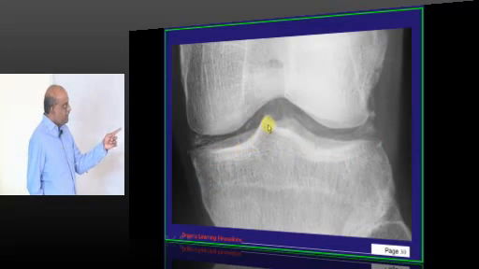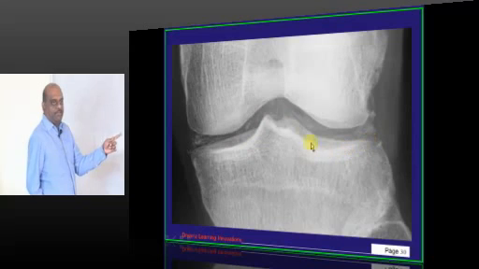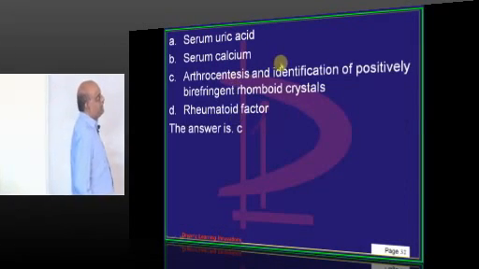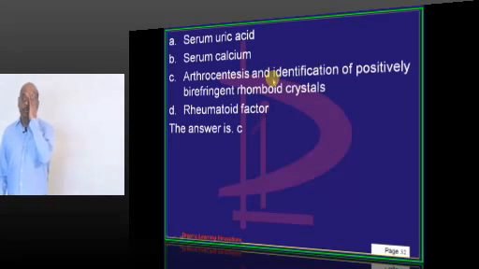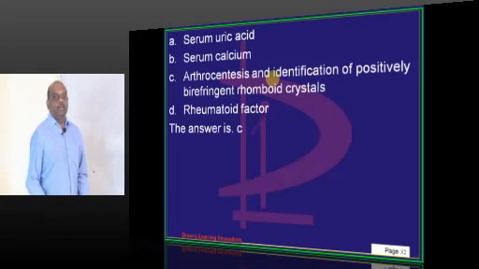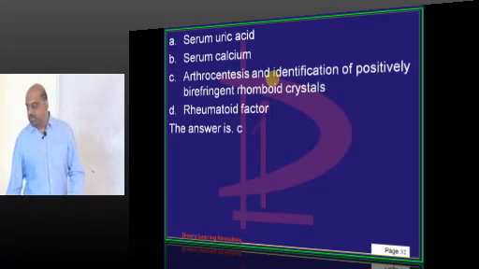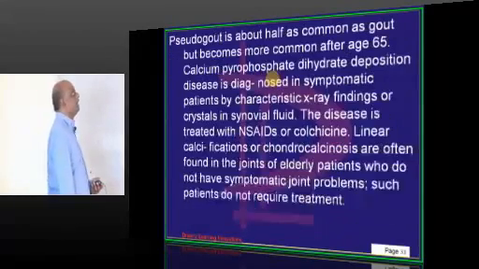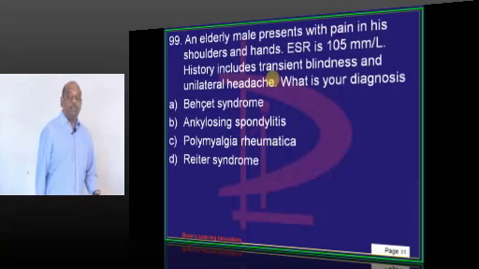Can you appreciate the typical calcified cartilage? So you need to do arthrocentesis, and positively birefringent rhomboid crystals are the typical calcium crystals which you see in the case of pseudogout, which you need to remember.